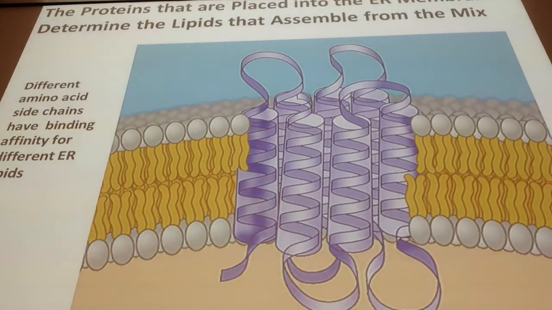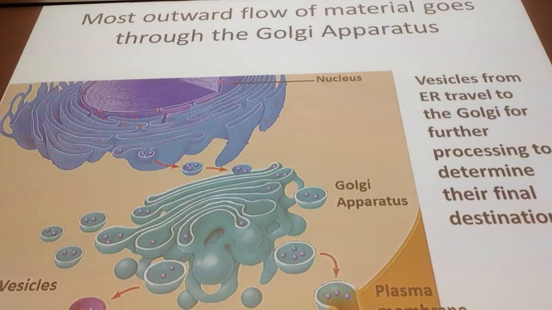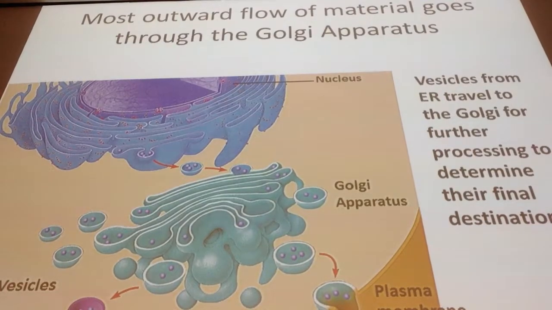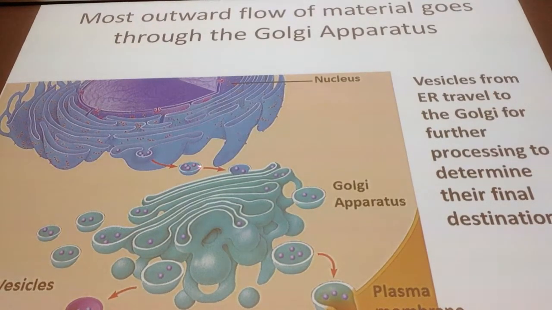Okay, so as vesicles move around, that's exactly what happens. The non-cytosolic environment of the ER will also equal the non-cytosolic environment in the lumen of the vesicle, and then the cytosolic environment of the ER membrane will also transfer into the cytosolic environment of the vesicle.